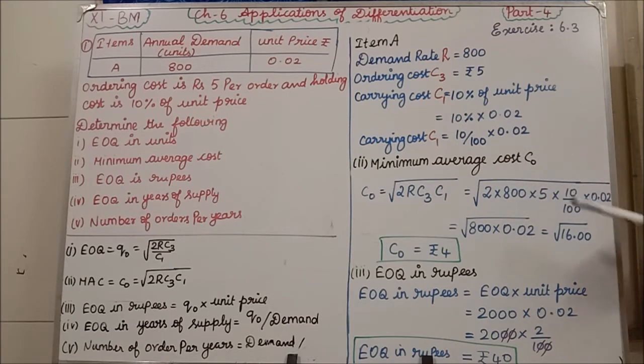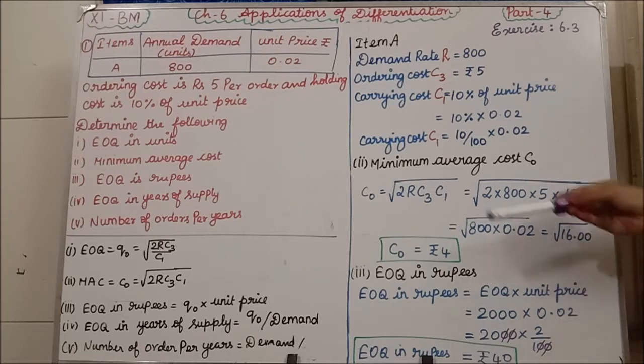Now if you see here, 800, then 2 fives are 10. Here the numerator already has 10, so 10 into 10 is 100 divided by 100, and that gets cancelled. What is left here is 0.02. So 800 into 0.02, if you multiply, we get 16, which is the square root of 16. If you take the square root of 16, the answer is rupees 4. Clear? That is the minimum average cost.